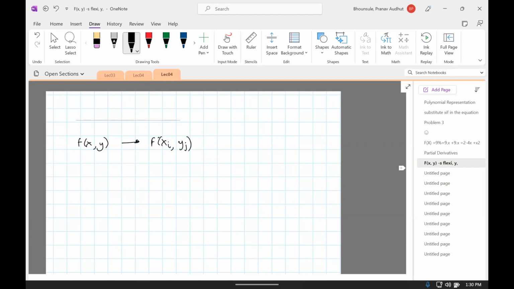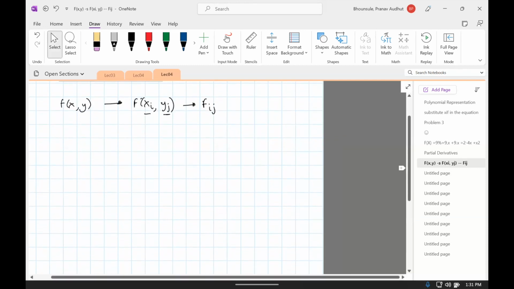It could have some random values of x and y, and you're normally told to compute the derivative at that point. To make it easy to write these expressions and not write x, y all the time, I'll denote this as Fij. It means that x takes the value xi, and y takes the value yj. With that, we can now write different formulas down.